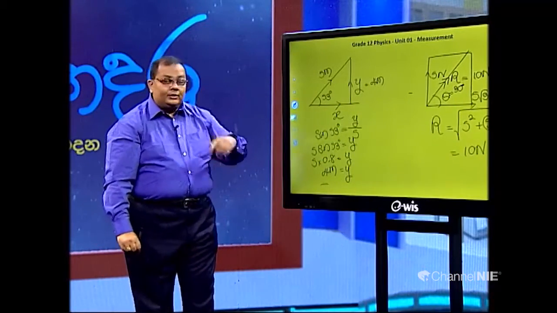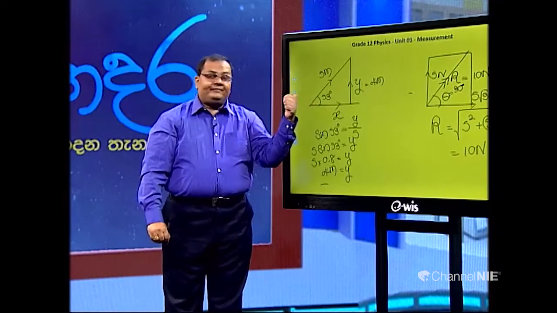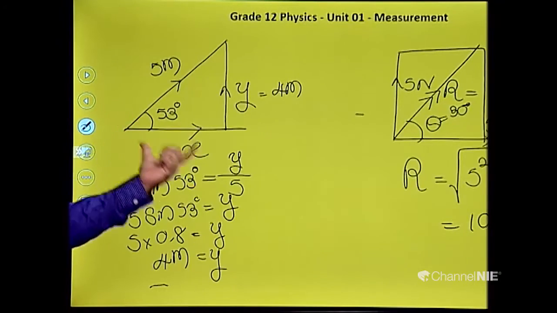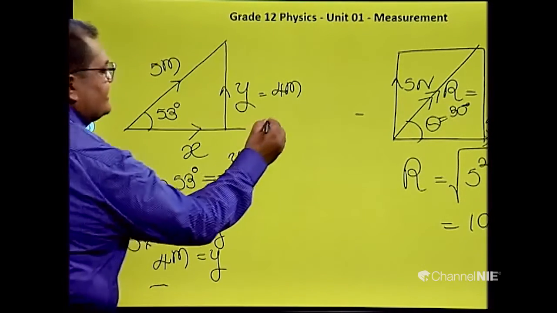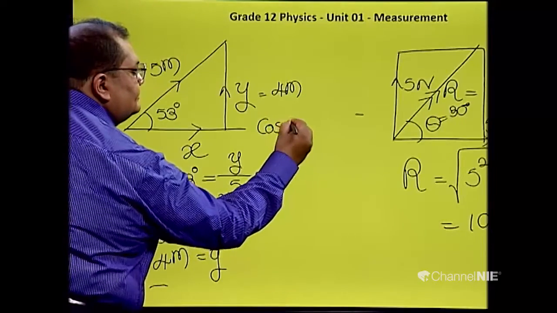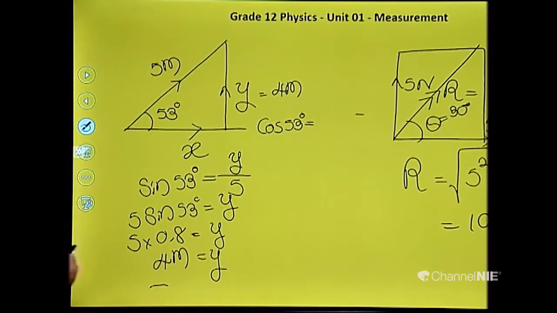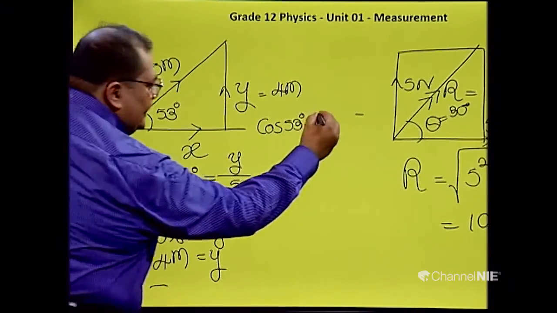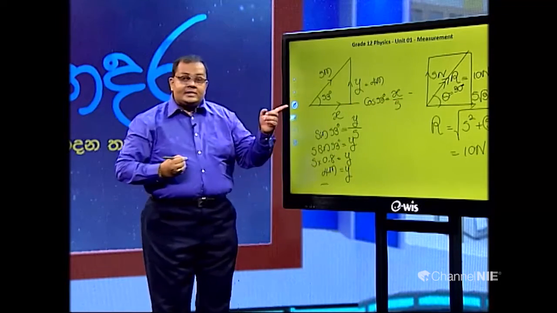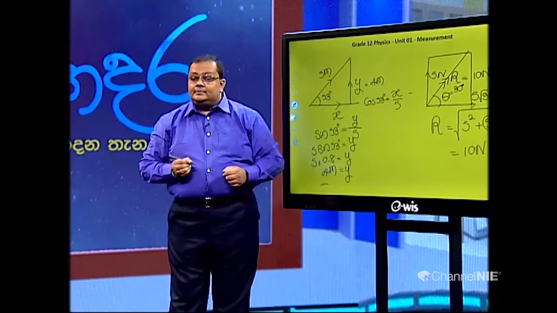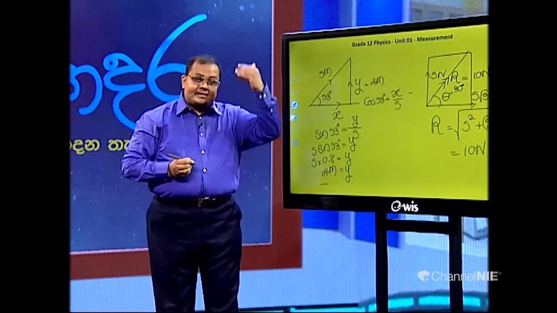And for this one, you know cos theta. Cos 53 equals adjacent over hypotenuse, x over 5. Cos 53 you can find from the sine table, where cos is given in the opposite order.